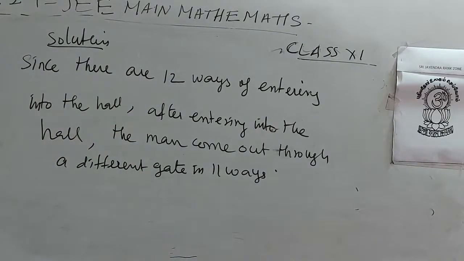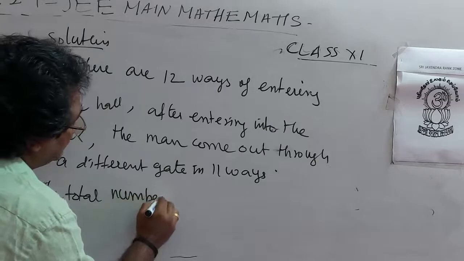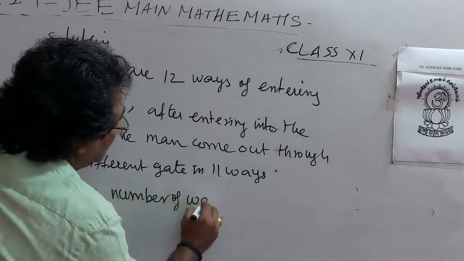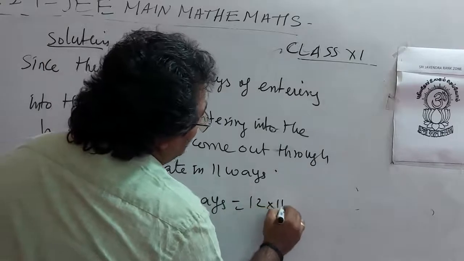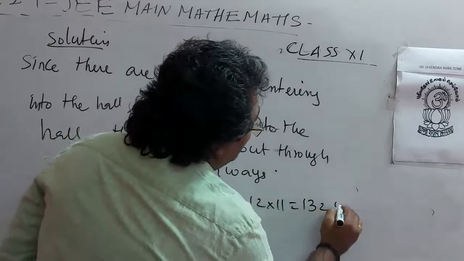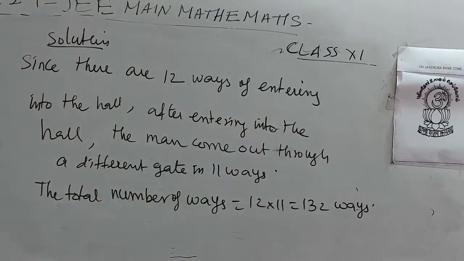So 12 gates are there. So he can enter in 12 possible ways, but he has to come out in a different gate. So there are only 11 possibilities. Total number of ways: 132 ways.